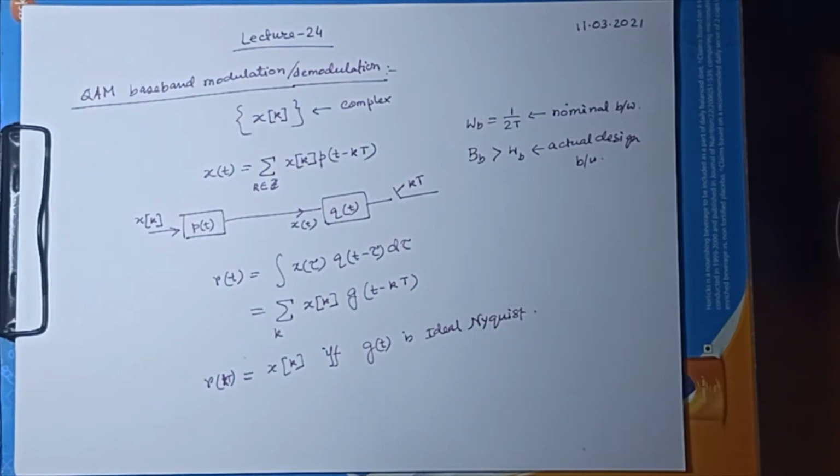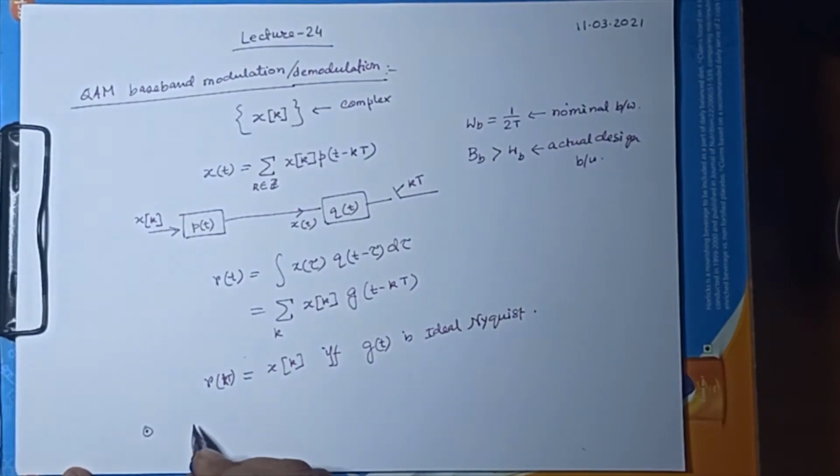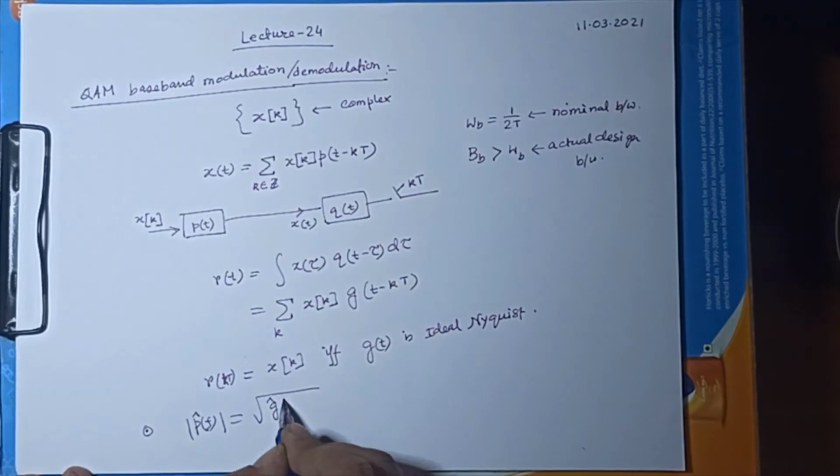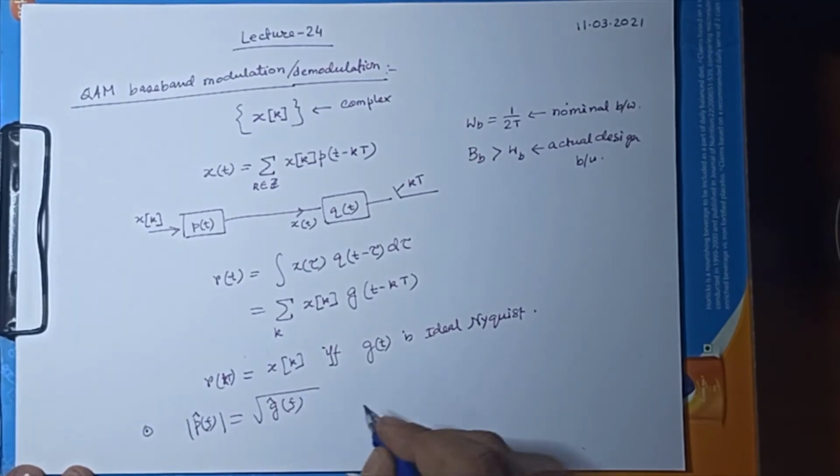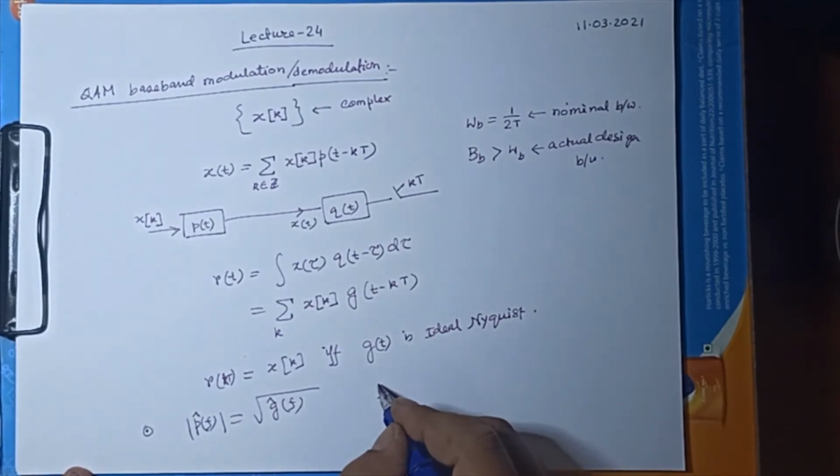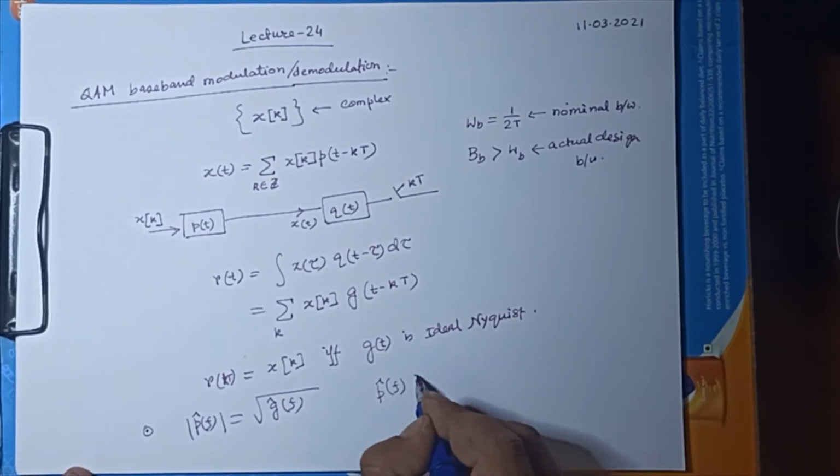So the theorem for QAM modulation for the matched filter is exactly the same as the PAM. So I am not repeating that. Then I can straight away state the final result, that our assumption is that our P(f) will be equal to root over of G(f), and in general this P(f) is complex.